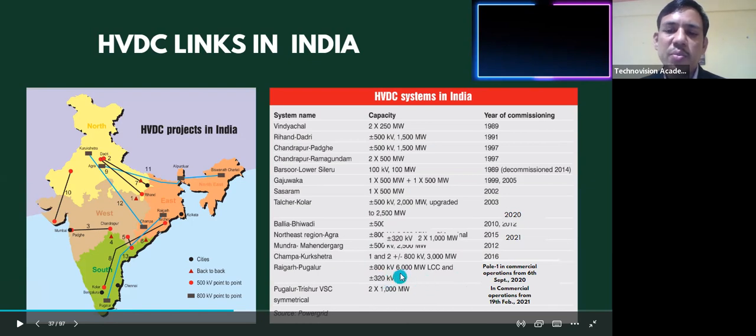So this is a mixed converter. This is not a hybrid converter, but it is a mixed converter that we have in India. First time we have used it. So pole one of this plus minus 800 kV is commissioned. But this is thyristor based technology. It came into service in 2020.